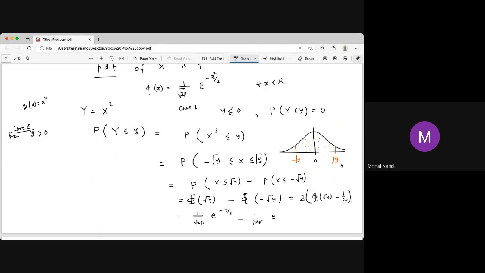Remember y is positive, so root y is positive, and the total area is just twice that. The standard normal distribution is symmetric about 0, and the part less than 0 is half. So now we put that value in.